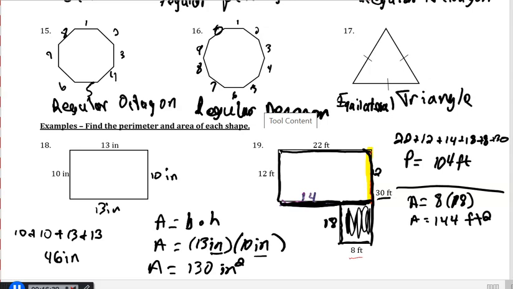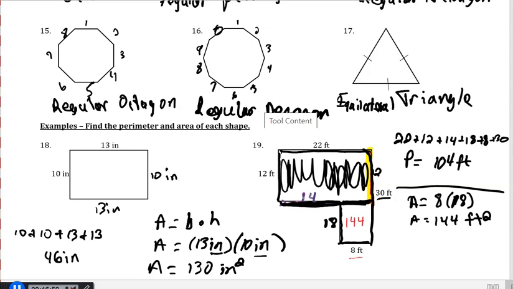So let me put that in there. So this here has an area, let's do that in red, of 144 feet squared. Then we would still need to figure out the area of this big rectangle here.